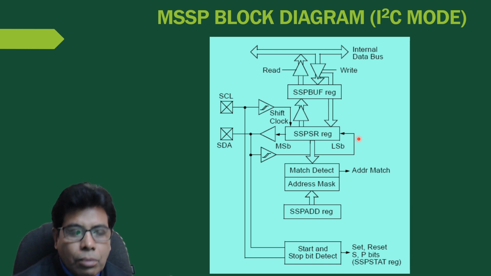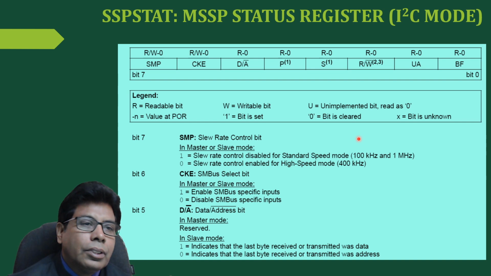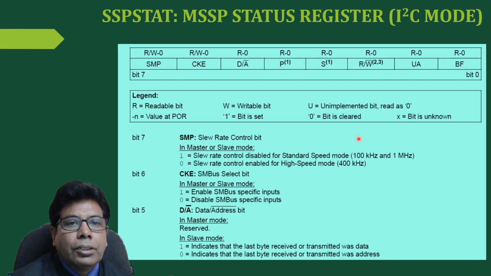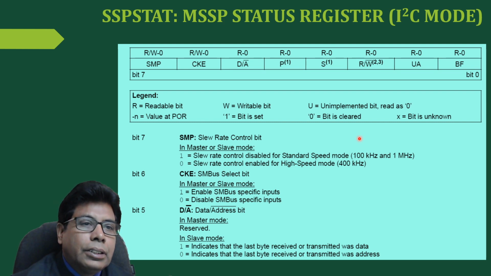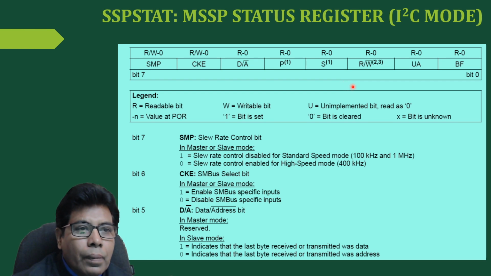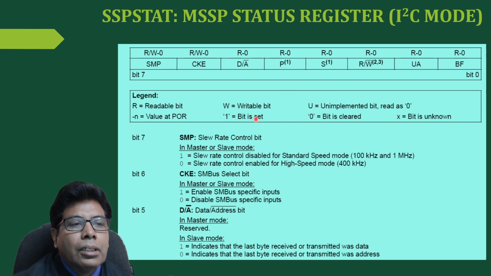So this is the overall block diagram of the MSSP, and then let us go to the different registers which are used for configuring the I2C. Here we have the status register, SSPSTAT. So it is again an 8-bit register. The bits are, first bit 7 is SMP, that is the slew rate control bit.